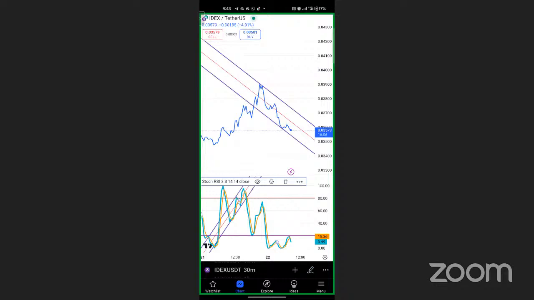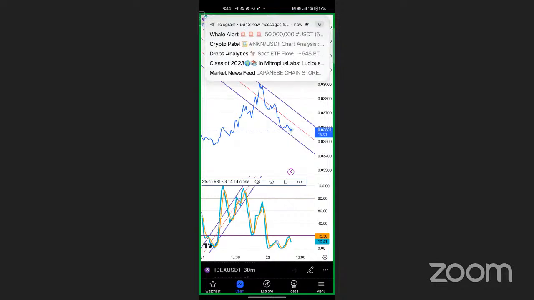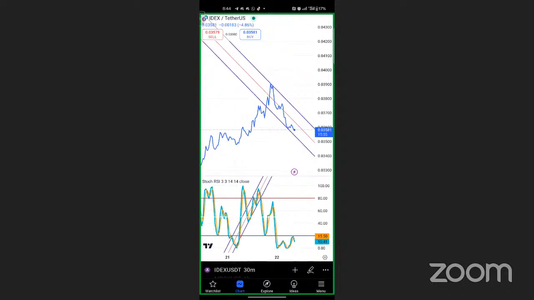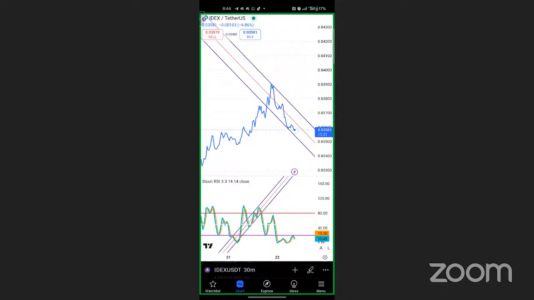I use this in my analysis because I can see whenever it touches my channel, it gets supported and moves back to the resistance. I can also draw a trend line above the stochastic RSI to give me market direction.